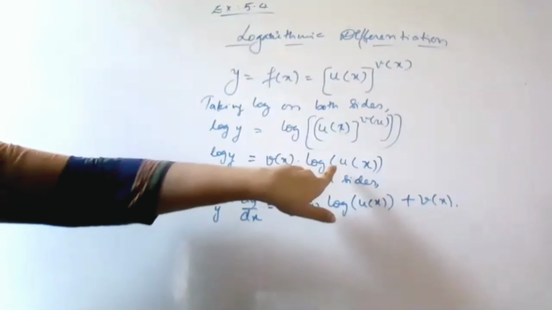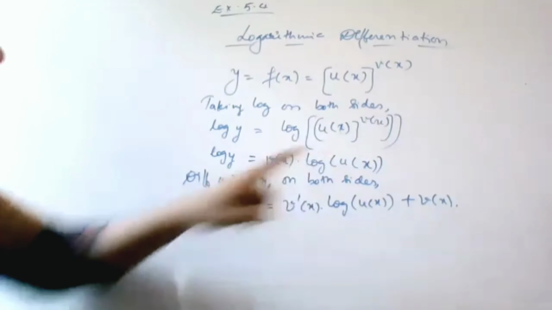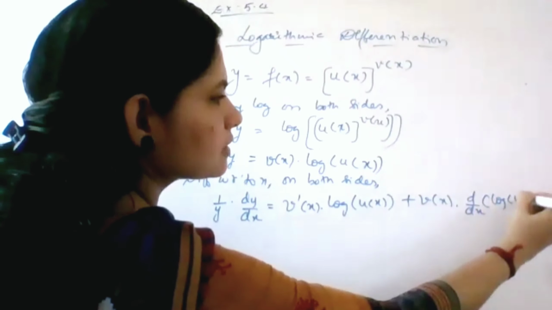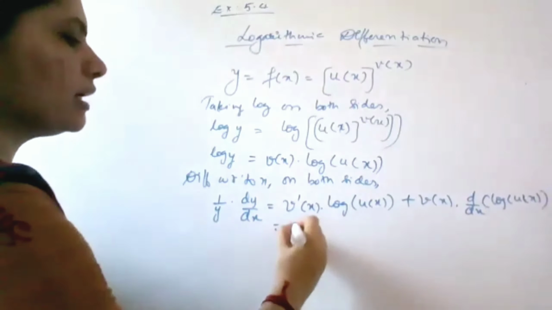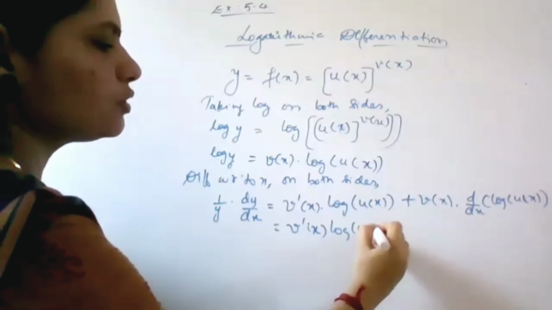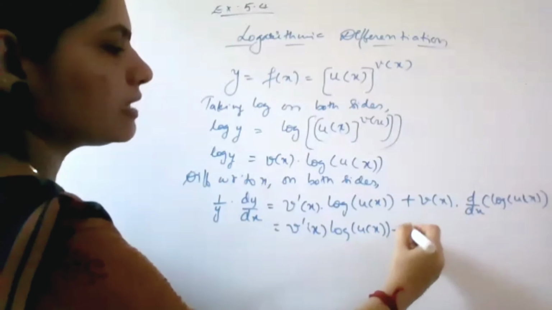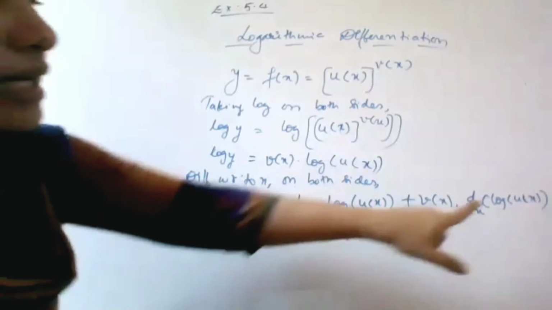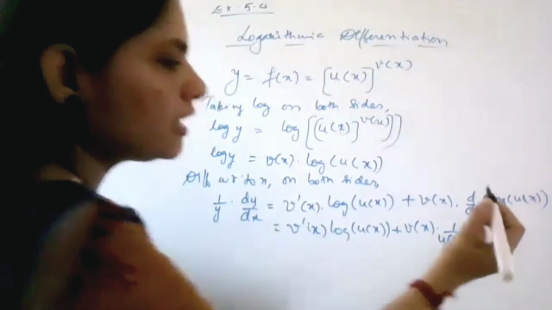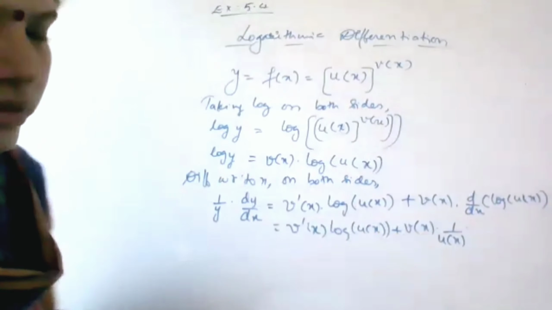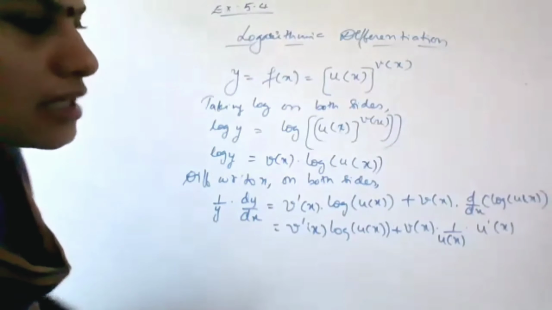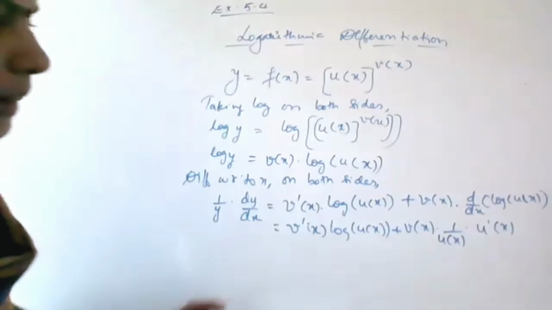times the derivative of this. Now, what will be the derivative of log? In one step, you can just write like this: log of u of x. Next step, I'll just write what you will get. v dash of x into log of u of x plus v of x into the derivative of log of something, which will give you 1 by that into its derivative, represented as either d by dx of u of x or u dash of x.